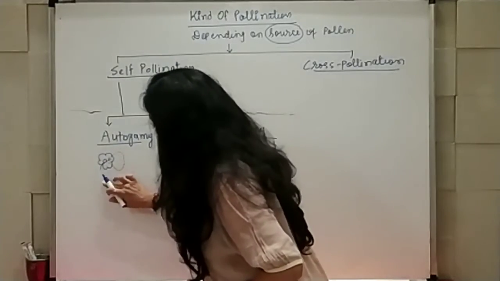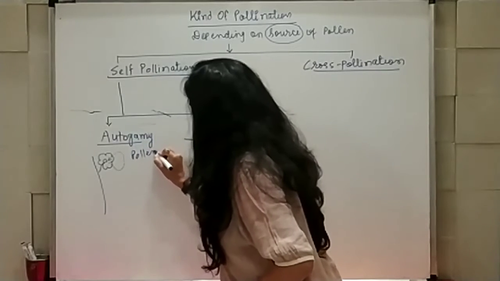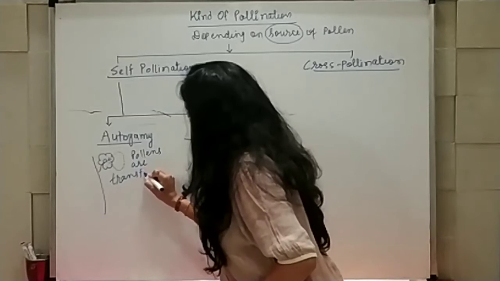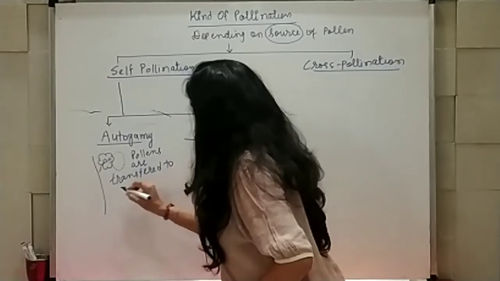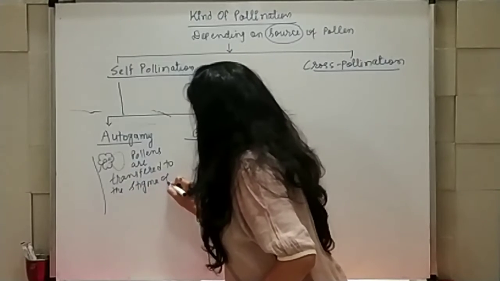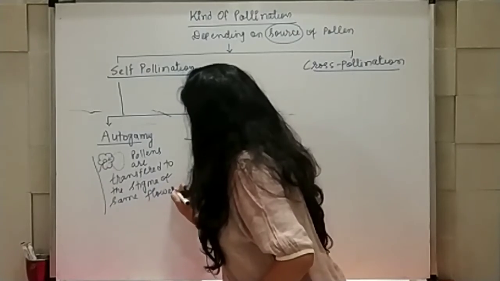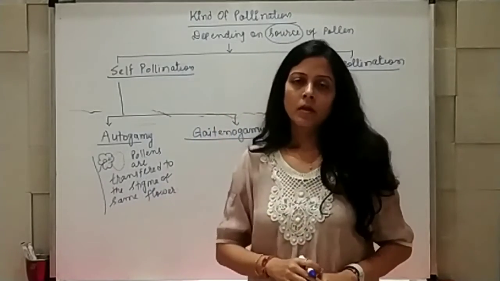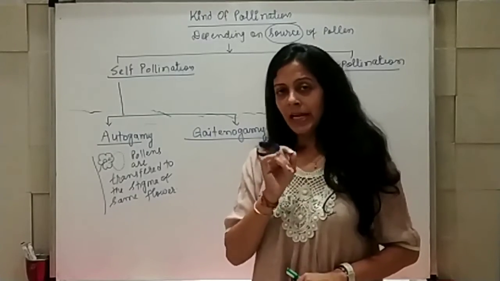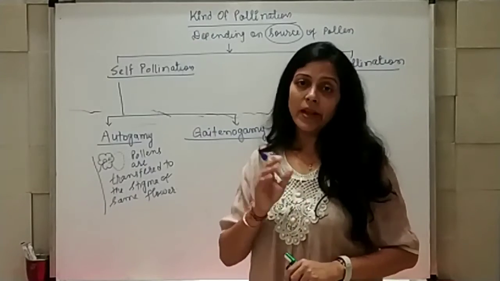Right? So here I can write that pollens are transferred to the stigma of same flower. Normally in nature, this type of method, that is autogamy, is very rare.